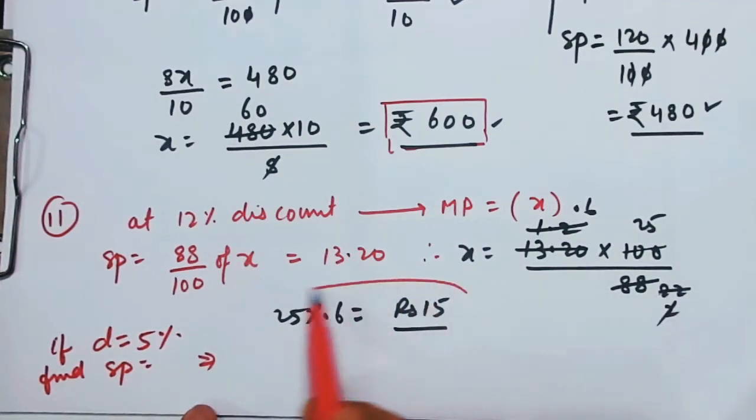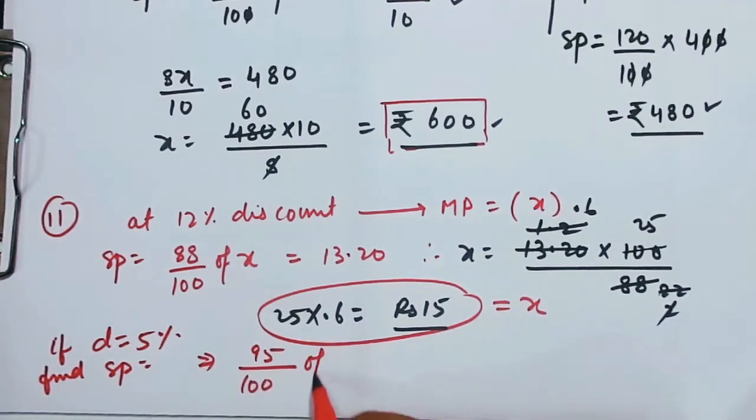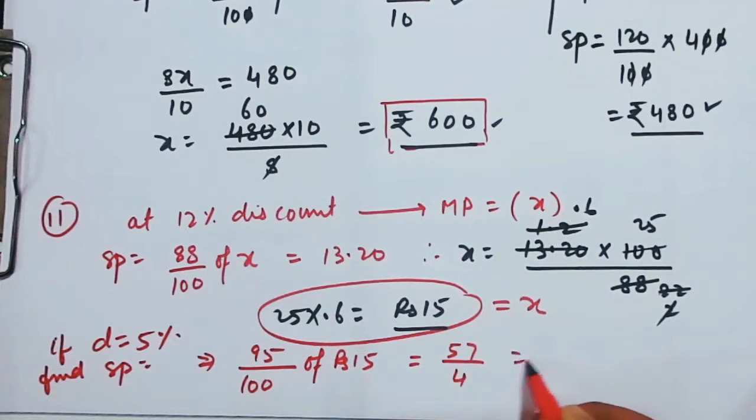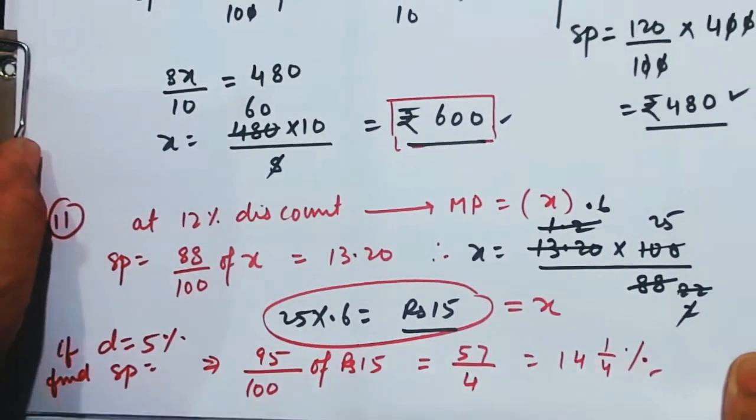This was the value of x; x was the mark price. So 5% discount is given on rupees 15. The selling price will be 95% of rupees 15. Yes or no? So 95% of 15 will be equal to 57 by 4, which will give you a value of 14.25 on cancellation. Clear? Moving on to the next one, that is number 12.